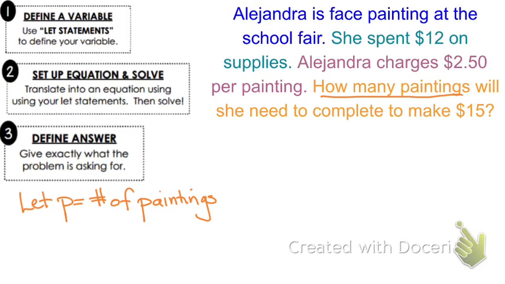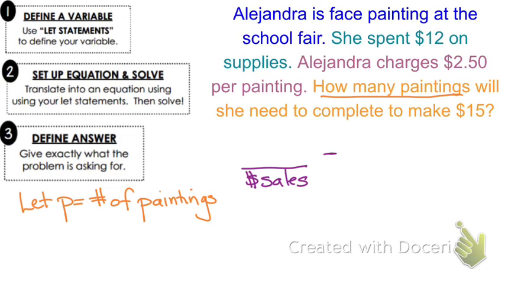All right, now let's set up the structure of our equation. Let's imagine that we're Alejandra and we're doing these face paintings, and so we're earning money. We're getting money from all of our sales. So I'm just going to say the money from our sales. But in order to calculate how much money she's going to make, we need to subtract from that how much she paid for supplies.